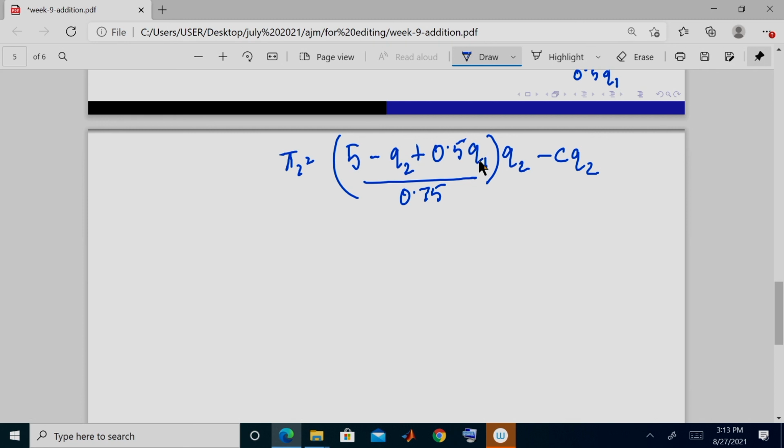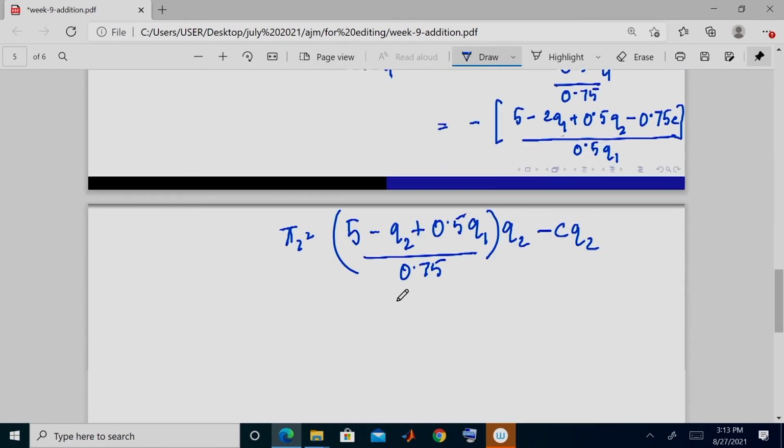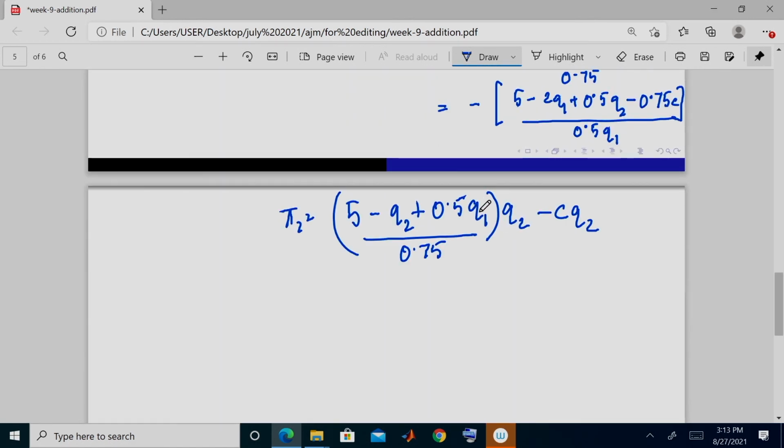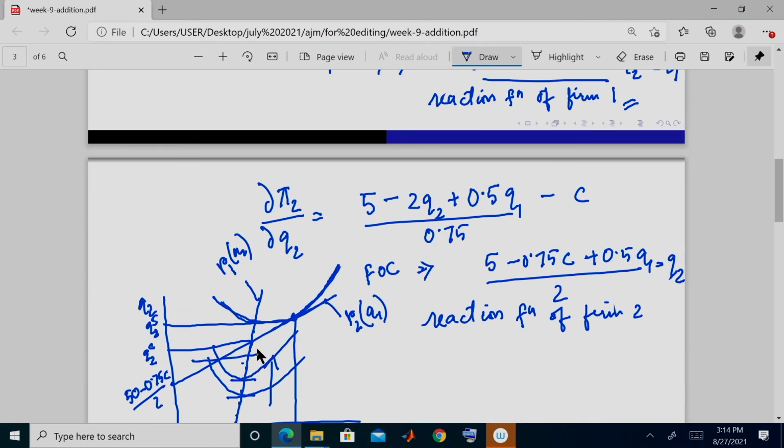Then here if we fix Q2 and keep on increasing the output of firm 1, Q1, then the profit of firm 2 increases, and we got it from this here. It is the same in this case also, in this direction profit increases.